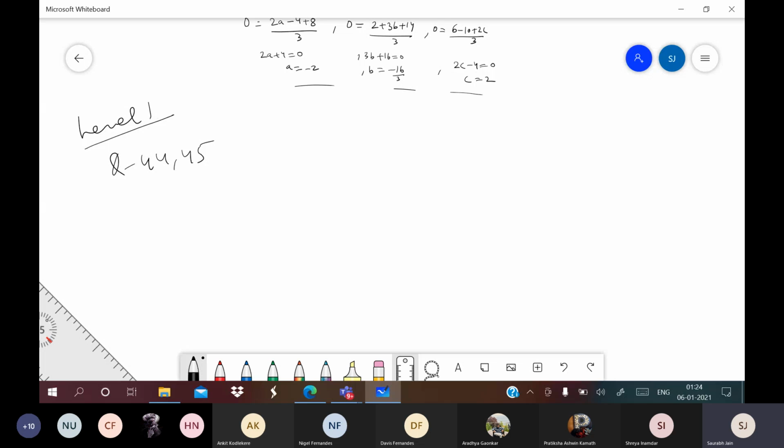Which one? 56. Okay. 56. Okay, so what is 44?